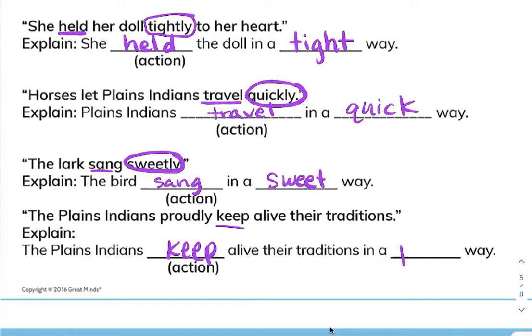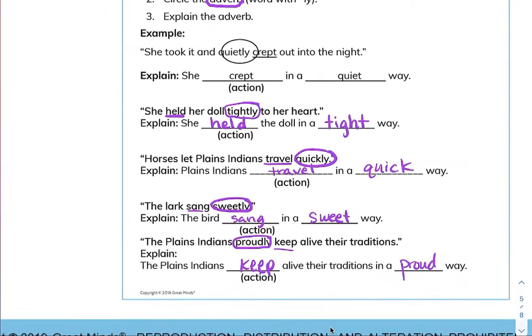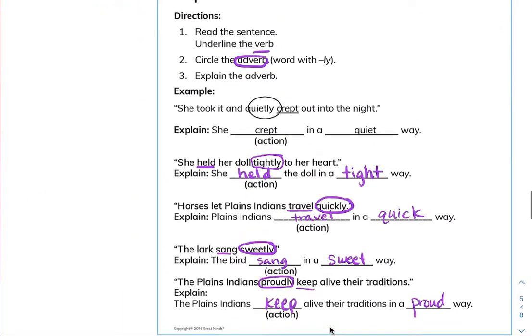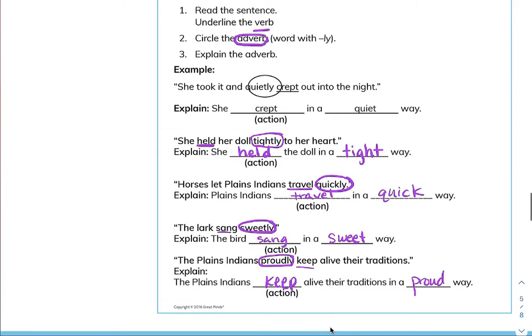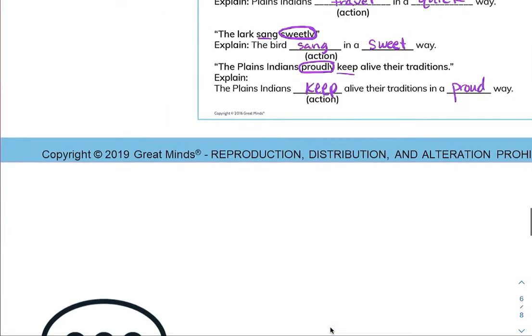In a proud way. Good. So we need to circle proudly. Okay, if you need more time to finish writing in your verbs, circling adverbs, underlining verbs, and writing in the blanks, you can pause and take a little look. Otherwise, we're moving on.